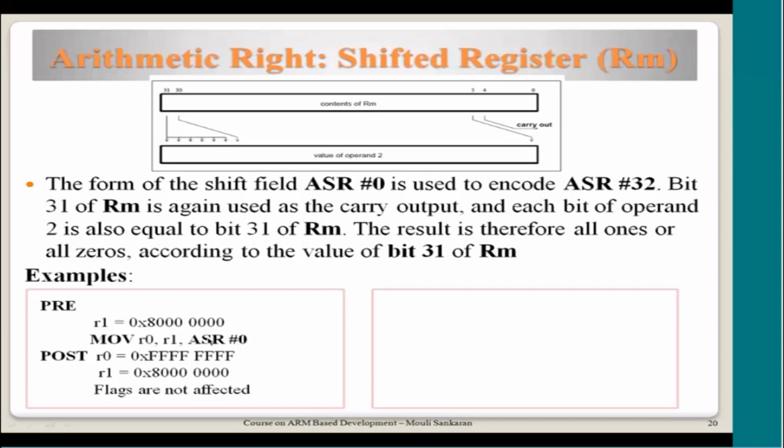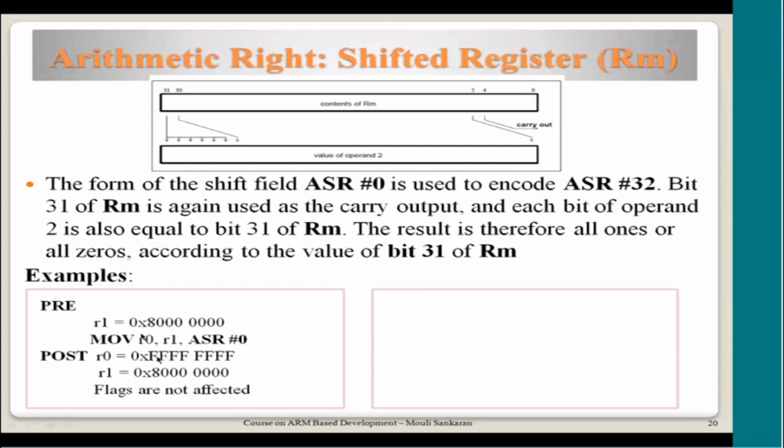So what is arithmetic shift right? It is supposed to backfill it with the sign bit. Now because the sign bit is set here, it will backfill it with all ones, and it will do it 32 times. Then that one would have propagated all through the register, and it would have all become 1, and this carry also will come out.